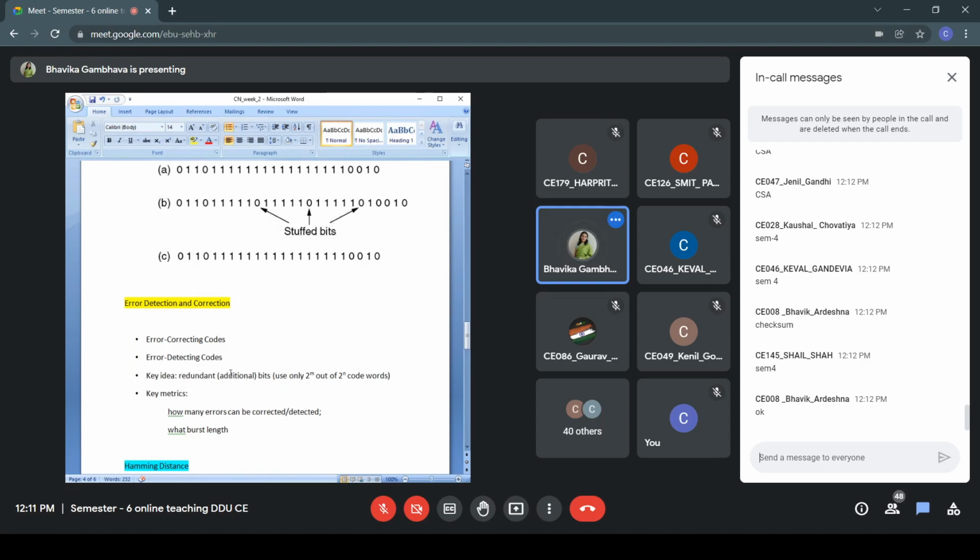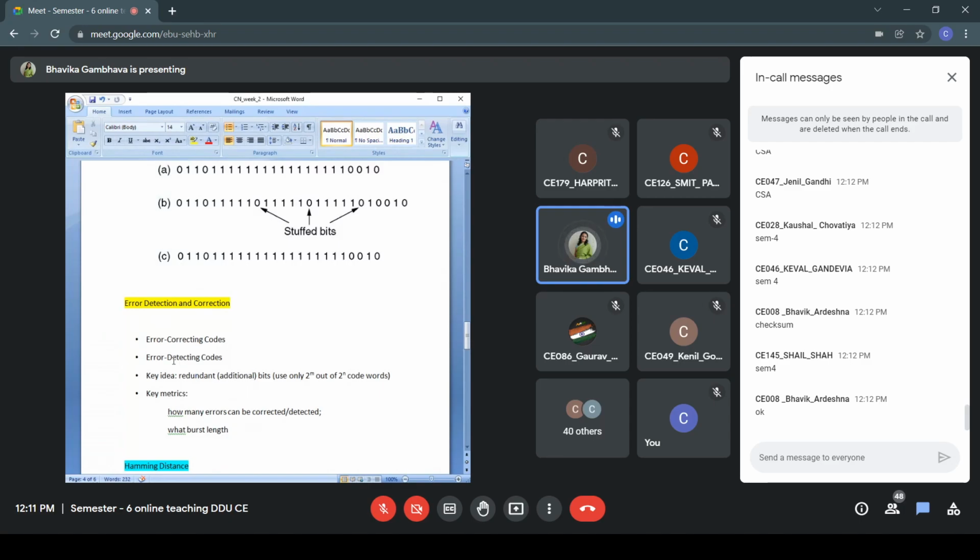And those bits will be helping you to find out whether there is an error. Like in parity bit, our data would be there, and at the end, we'll be having one bit which is the redundant bit or the extra bit or the additional bit which is used for the error control.